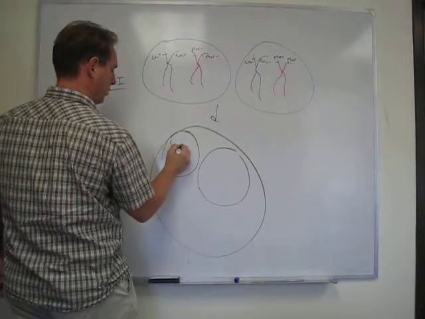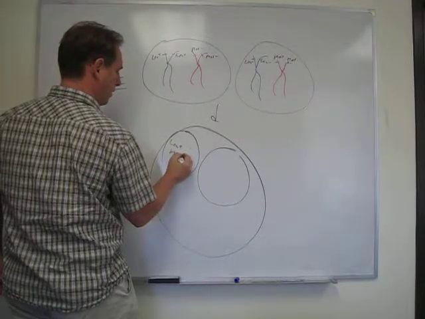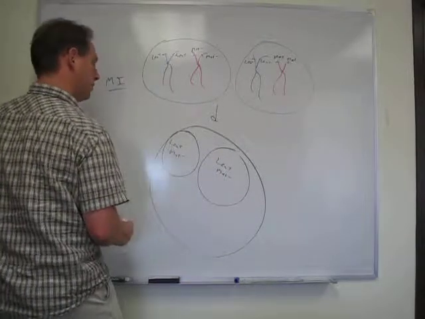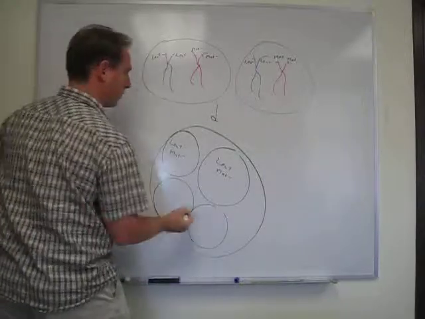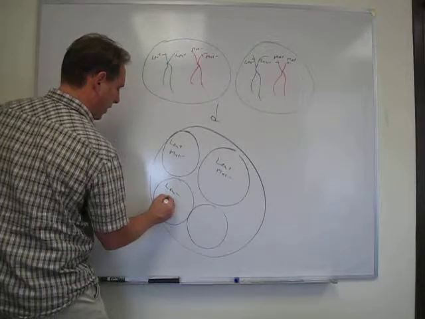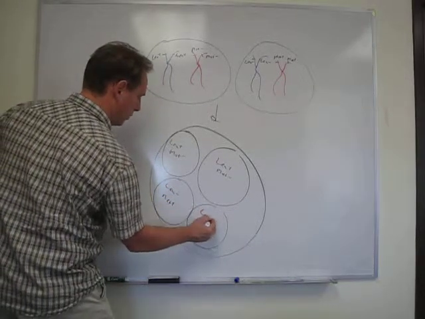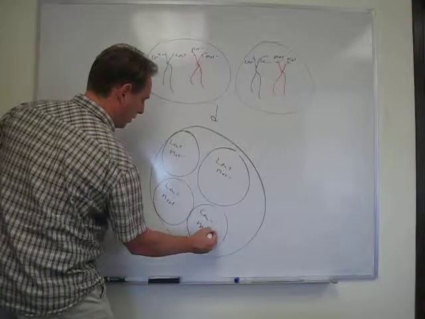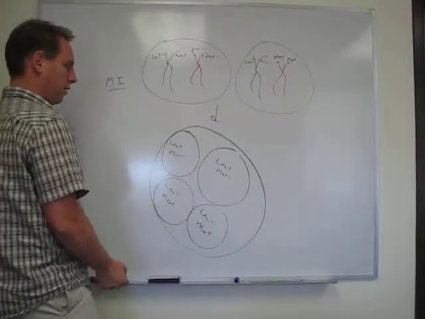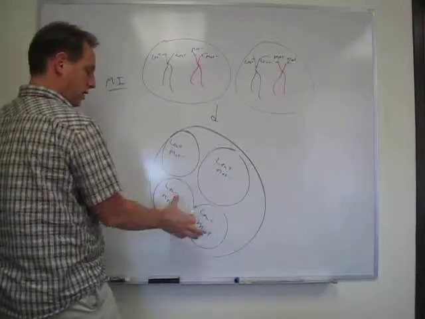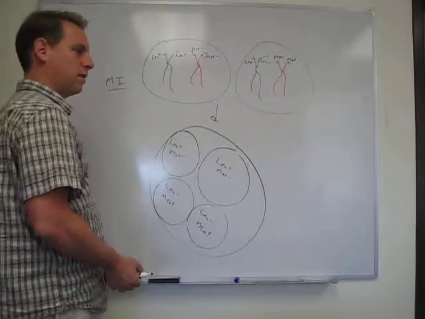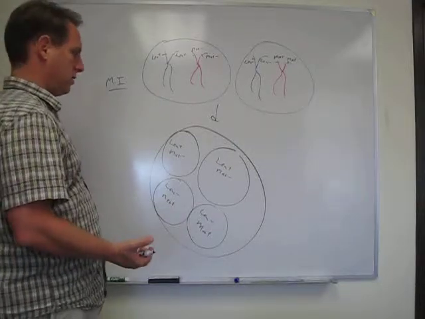This would be Lu plus Met minus, and the other one would be Lu minus Met plus. What's important here is that there are two genotypes in this tetrad: one of the parentals and then the other parental. Two types means it's a ditype, and both being parentals means it's a parental ditype.